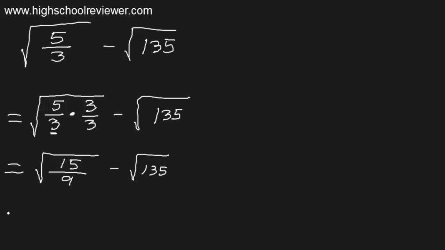Now, looking at this fractional radicand, we can rewrite this as the square root of 15. So we will separate the square root of the numerator all over the square root of the denominator. So square root of 15 divided by the square root of 9 minus. Now, we can touch square root of 135.